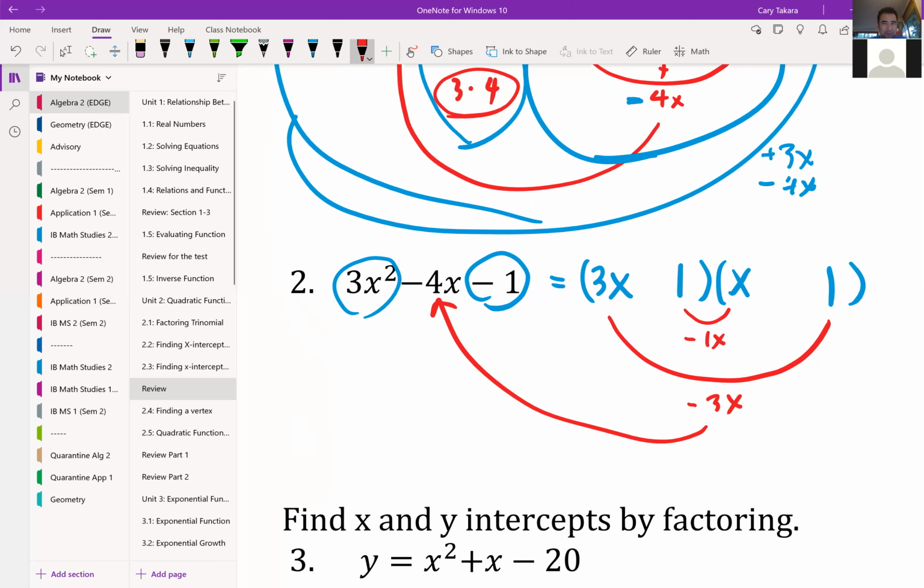However, you've got a problem here because, do you guys see what is the problem here? What's wrong with this? My answer is, let's say, 3x minus 1 and x minus 1. There's something not right. What is that? Can somebody tell me? What's wrong with my answer?